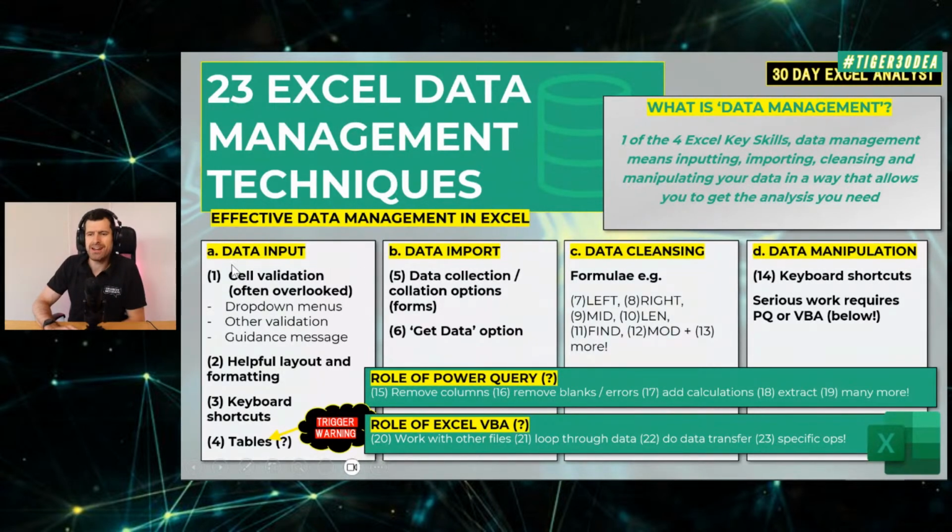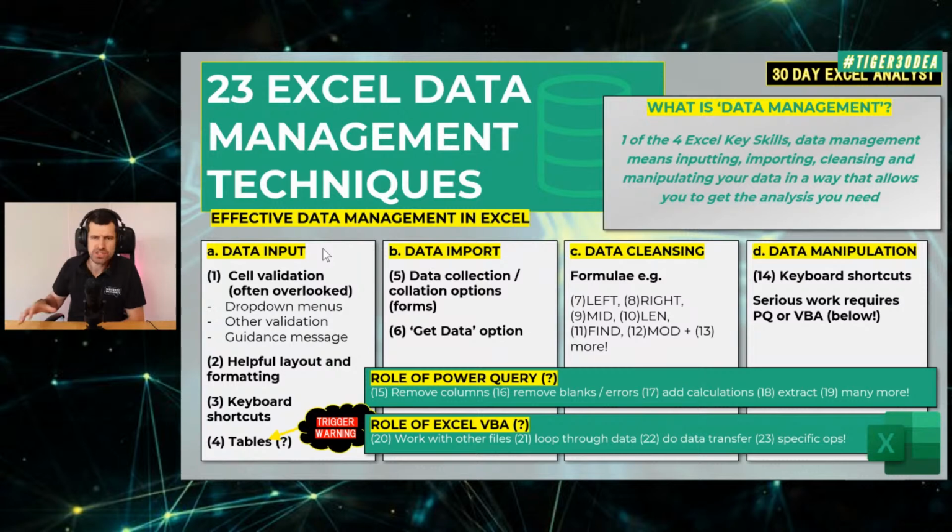So firstly, we're talking about data input, data input to begin with. I've said cell validation is often overlooked, but data input generally is such an overlooked area of Excel practice. Why is that important? Well, how many data cleansing jobs have you done in Excel? If you've ever used Excel, you've probably done some kind of data cleansing.